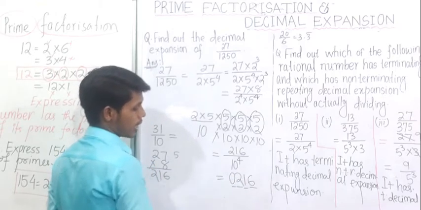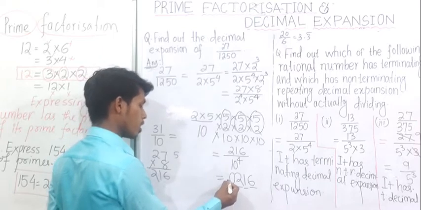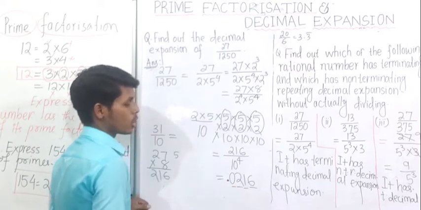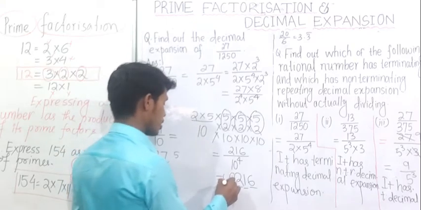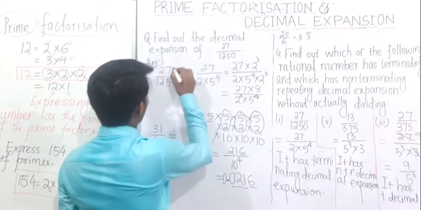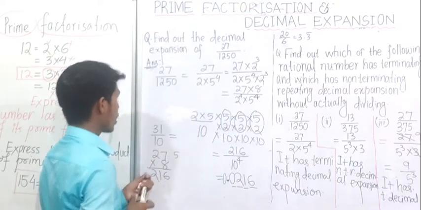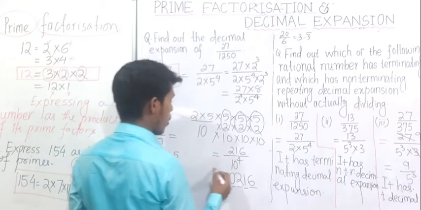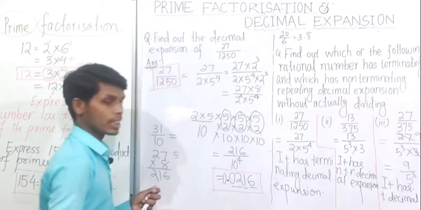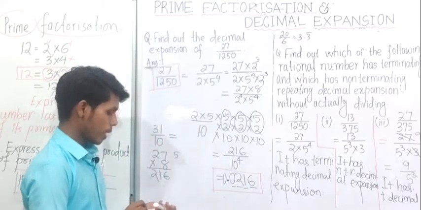So 4 places are left now. Next we will put the decimal point. Okay, so it becomes 0.0216, or we can write another 0 on the left side. So now 27 by 1250 becomes 0.0216. Okay, it is very simple.